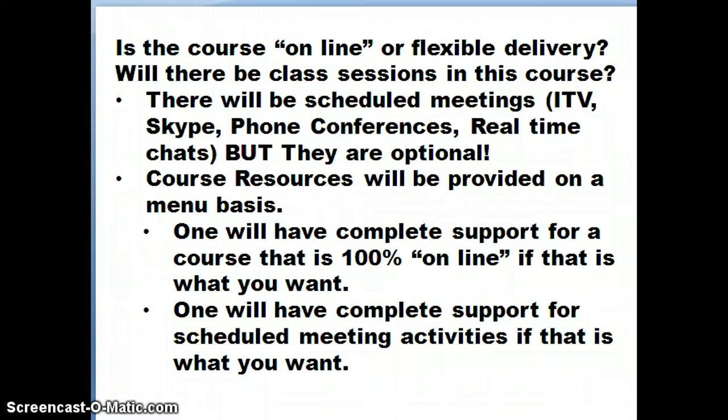Online simply means everything is loaded in the Moodle site and you can be totally independent of us time-wise in terms of how you complete it. Flexible delivery usually means that we're going to have some organized class sessions in some way. So there will be opportunities to meet with us, but in those cases, you're going to have to follow a schedule for flexible delivery course sessions.